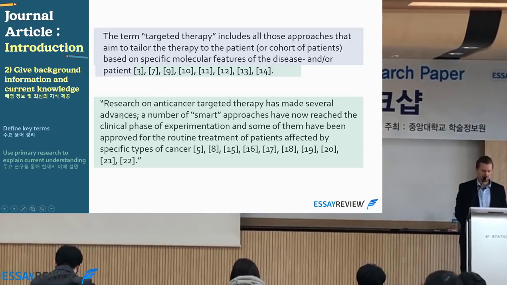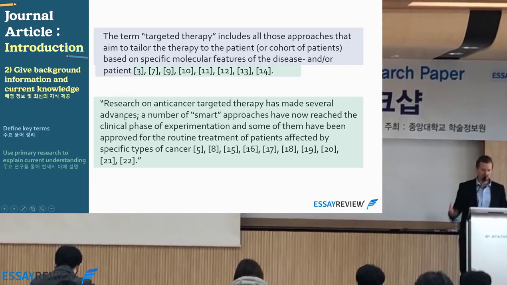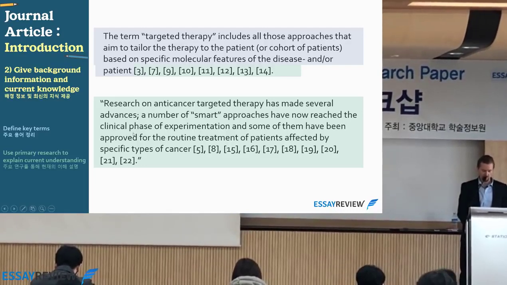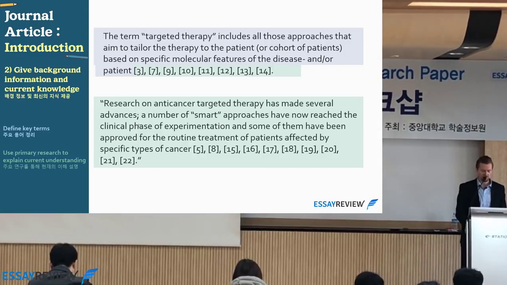It takes too much space. They next use primary research to explain the current understanding. Right? Research on anti-cancer treatment has made several advances. So there's a lot of studies that have been done to show how the smart approaches have increased treatment of certain types of cancer.